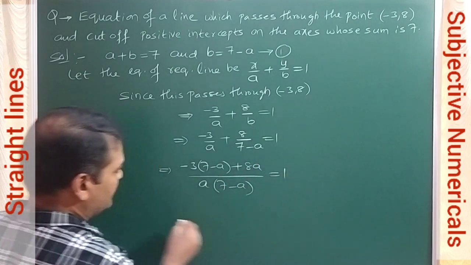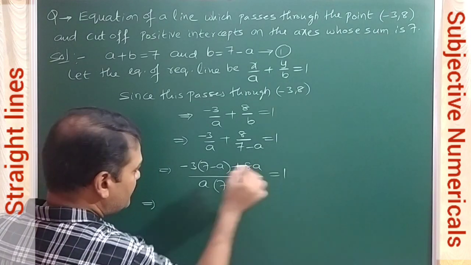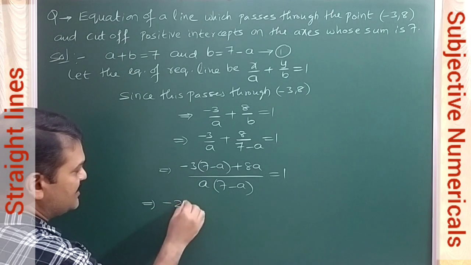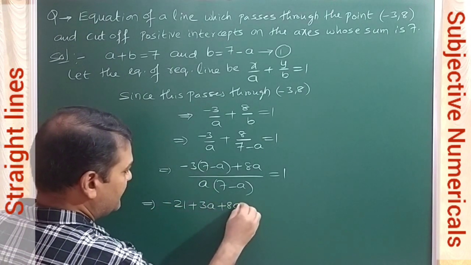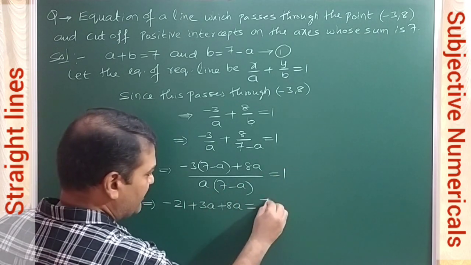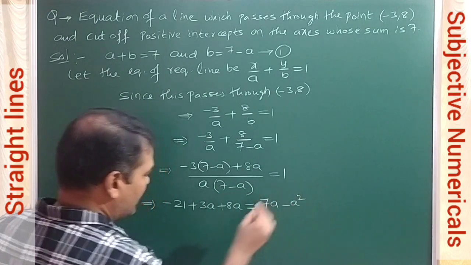This is equal to 1. Cross multiply the denominator part, simplify the numerator part. So numerator: -21 plus 3a plus 8a is equal to, when we cross multiply the denominator, 7a minus a square.